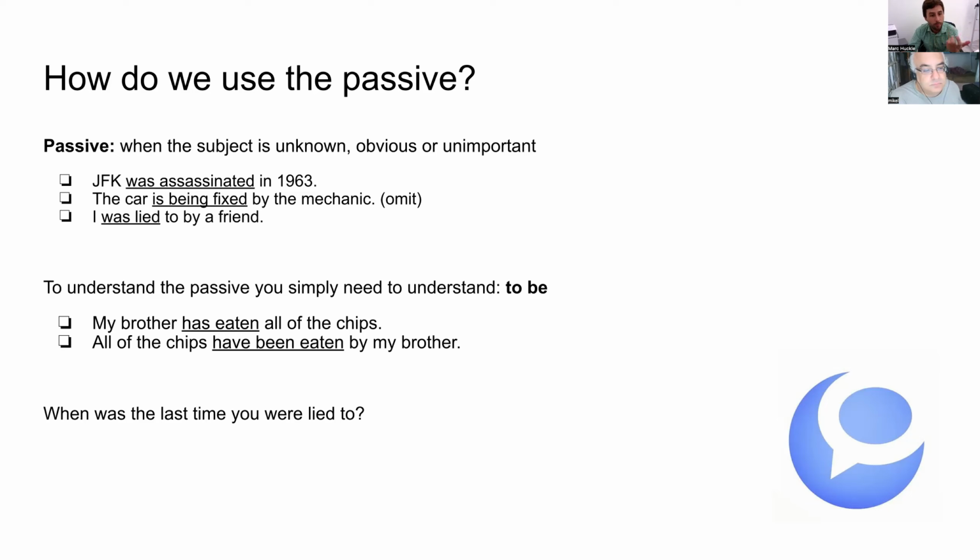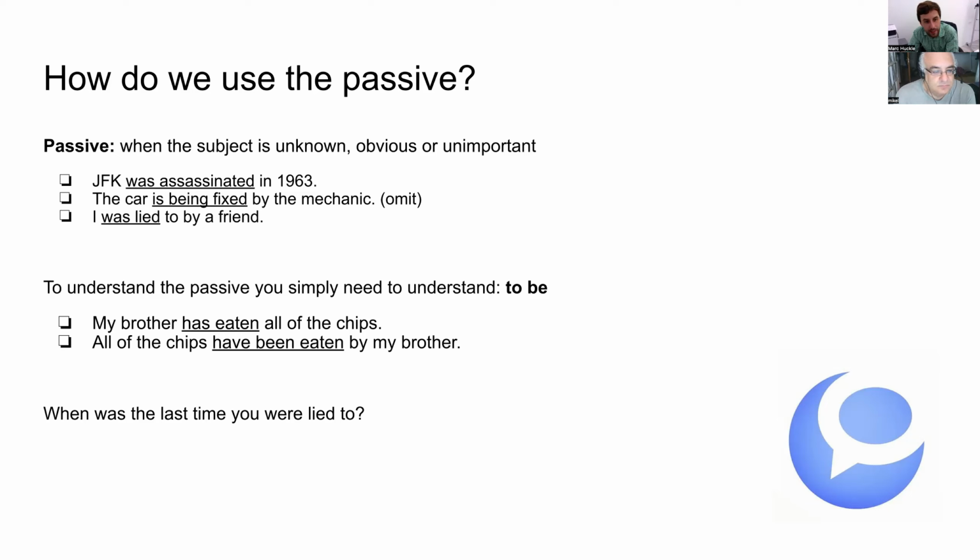For example, my brother has eaten all of the chips. You know that you need to use the verb to be for the passive: object, be, participle. But in this sentence, my brother has eaten all the chips, the verb to be doesn't appear, no?